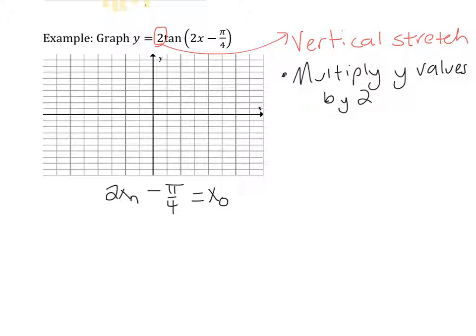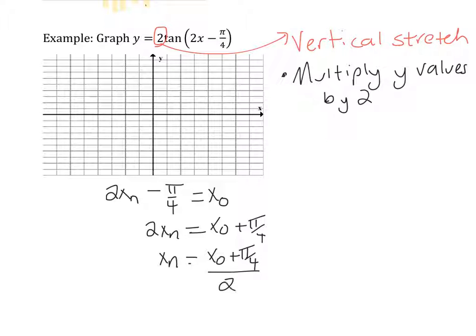So if I examine this, I could solve for x sub n. I could add pi over 4 to both sides, so x sub 0 plus pi over 4, and then divide both sides by 2. So x sub n would be the original x plus pi over 4, and then all divided by 2.